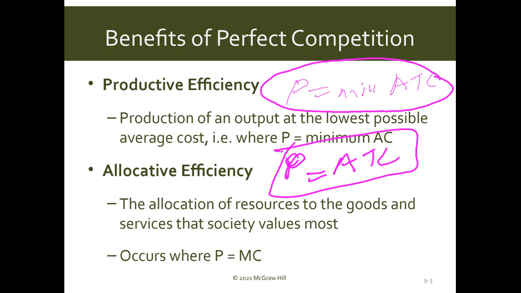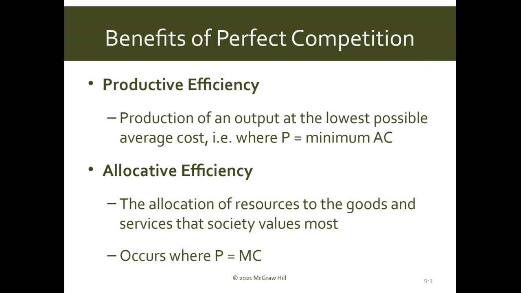By allocative efficiency, I mean, it is written here. Allocative efficiency is when price is equal to marginal cost. This is the meaning of allocative efficiency. That is, firms are producing output where price, that is the value that consumers attach to that product, is equal to the cost of producing that product, the additional cost of producing that product.